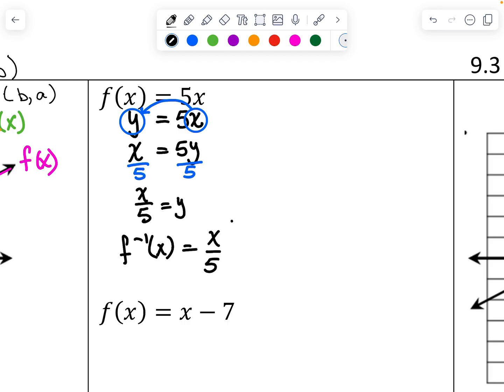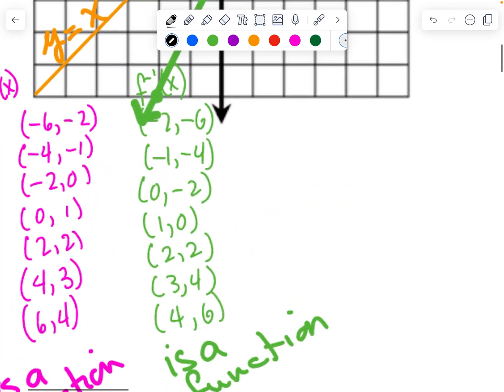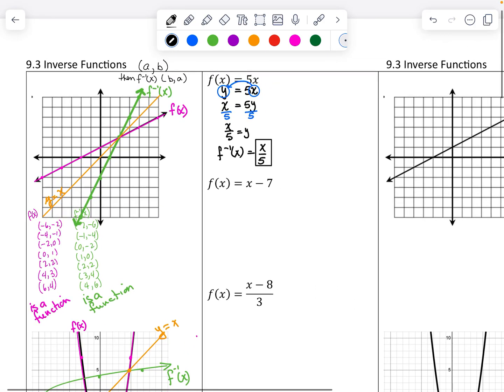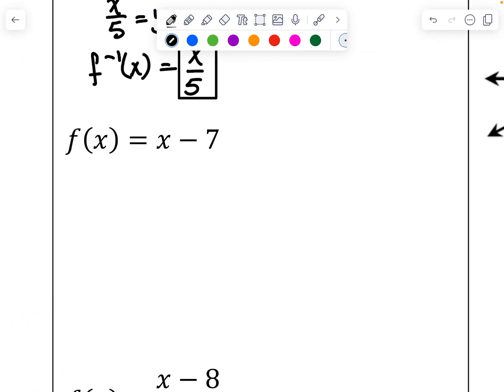And that is our answer. Because when we did the graph, we switched the x's and the y's. What was x became y, what was y became x. When we do it algebraically without a graph, we are going to switch the x's and the y's.